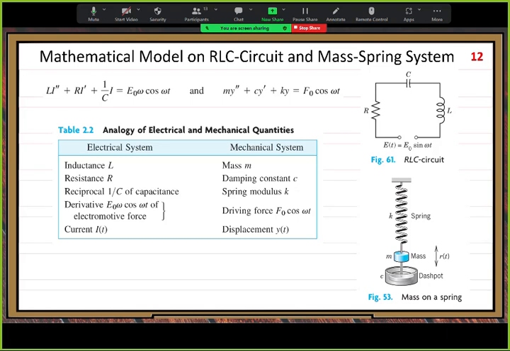So the derivative of the electromotive force corresponds to the driving force. Here you can see slightly different structure. Then the current I function corresponds to the displacement function y of t.